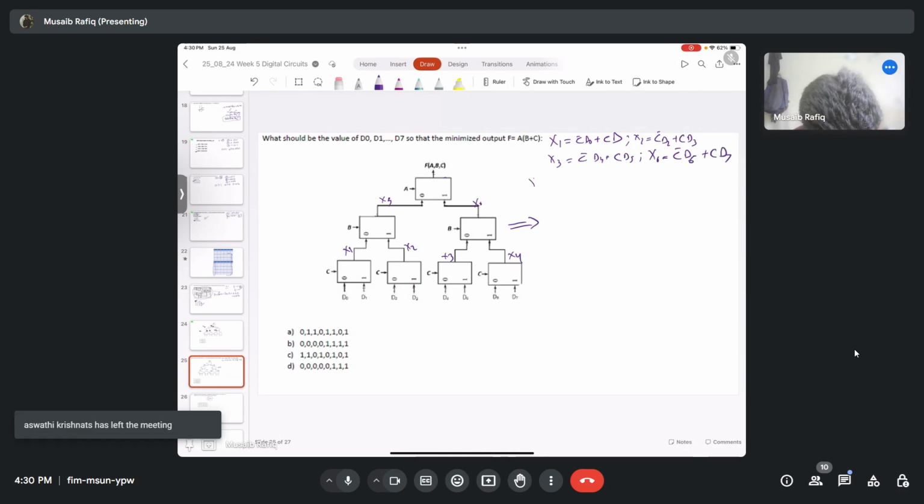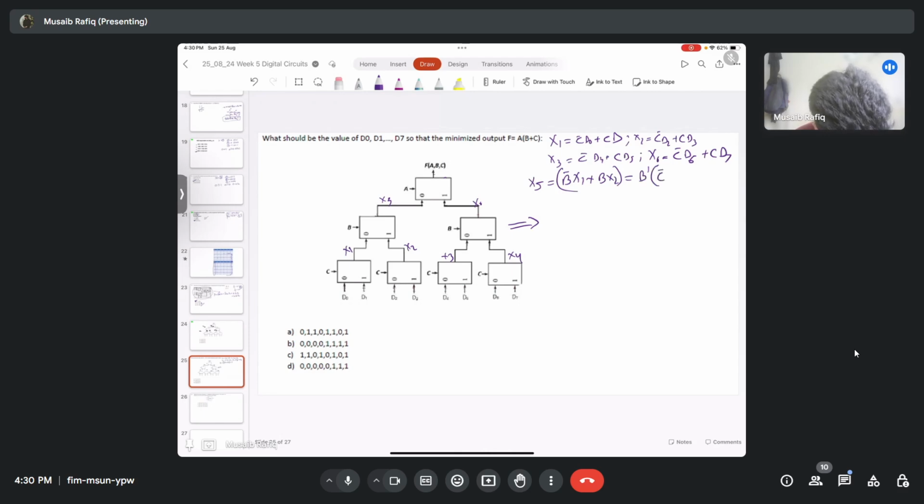Now my x5 will be equal to b bar x1 plus b x2, so that is equal to b bar times c bar d0 plus c d1, basically writing the x1, plus b times c bar d2 plus c d3, right?